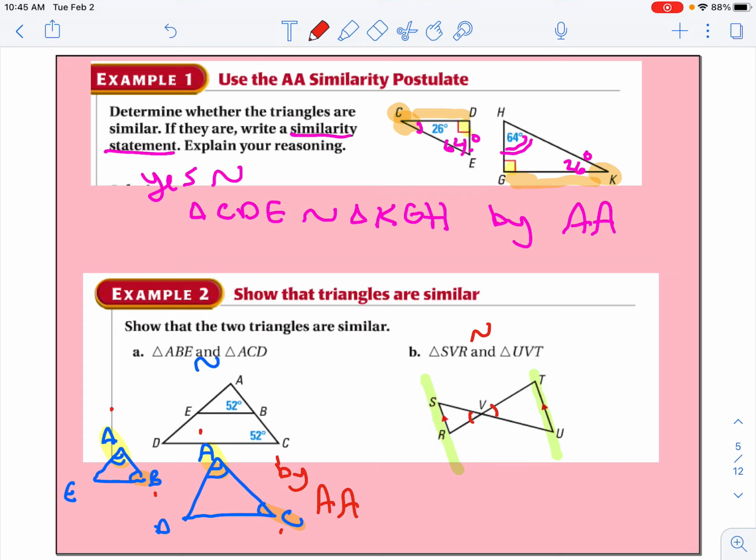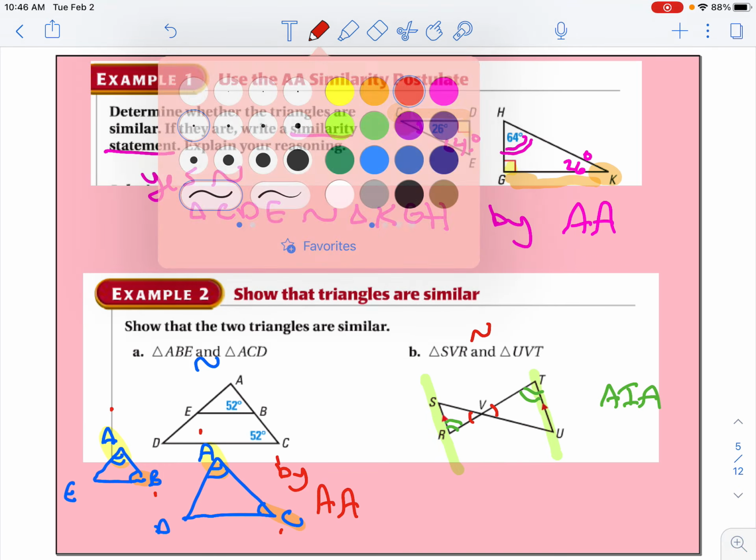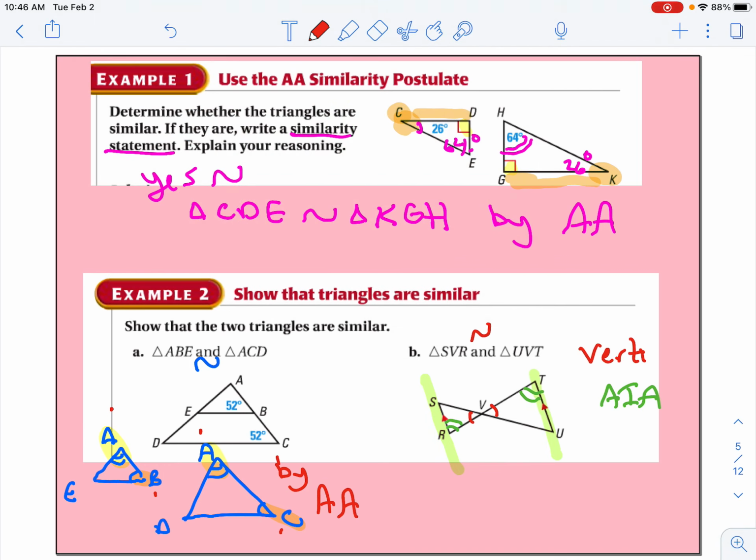And I also know, because I have parallel lines cut by this transversal, that this angle right here is corresponding congruent to this angle right here, because we have alternate interior angles and we have vertical angles.